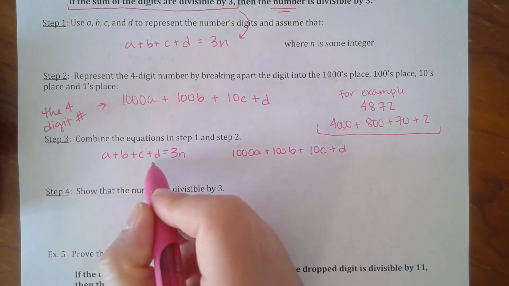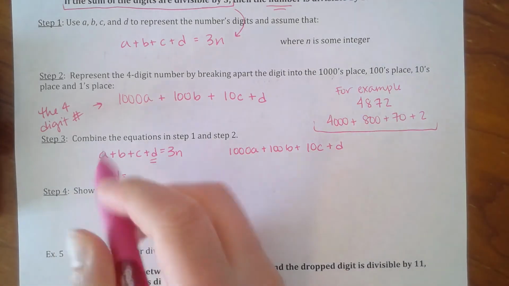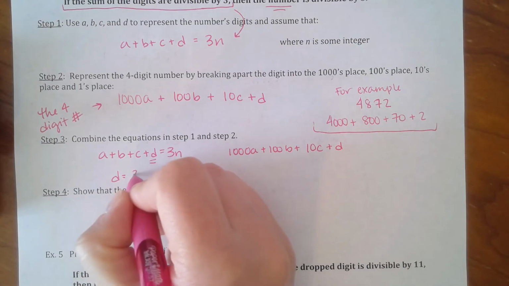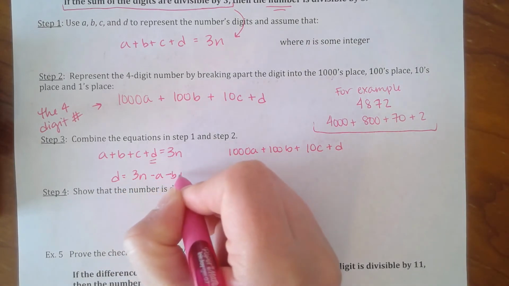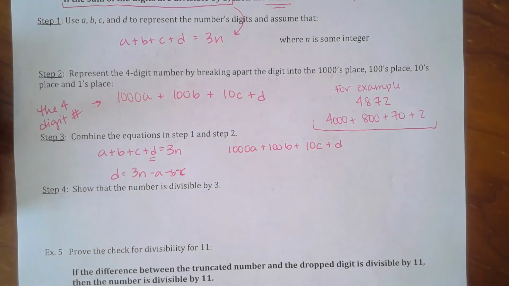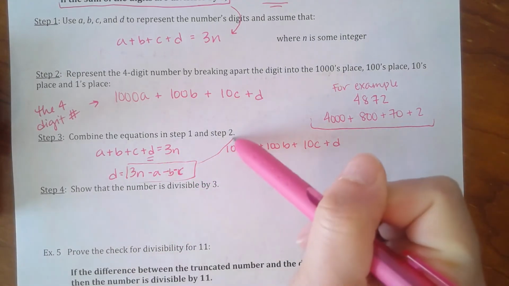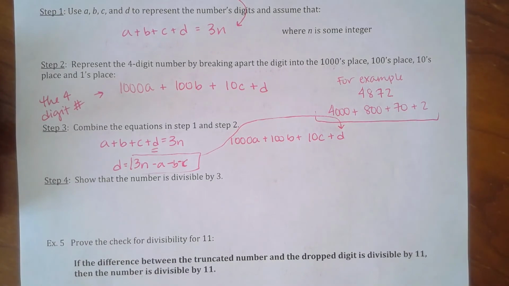So what I would do is solve for D because it's alone over here. If I solve for D, I would subtract A, subtract B, subtract C over. So I'd get 3N minus A minus B minus C. And now I can make a substitution into my second one, this is an expression, not an equation. I'm going to make a substitution for D.